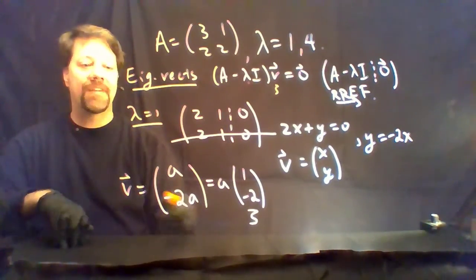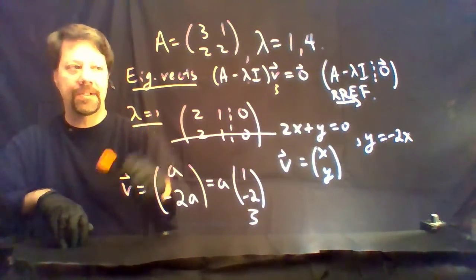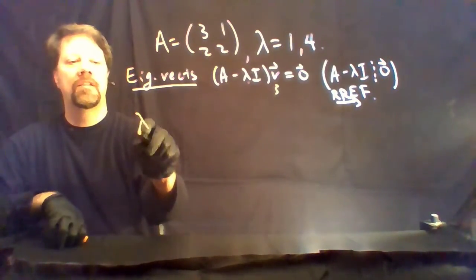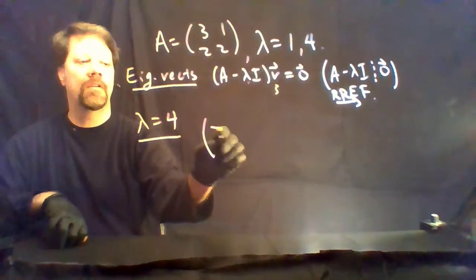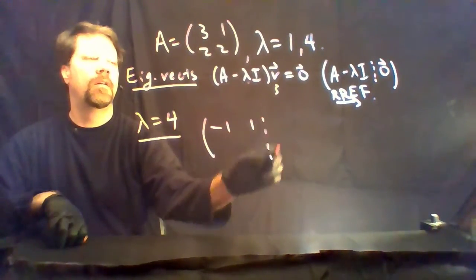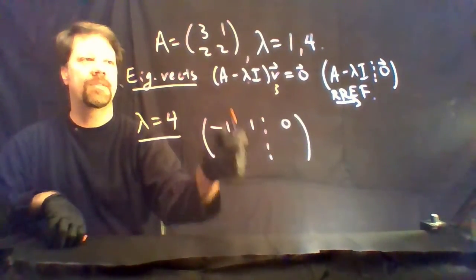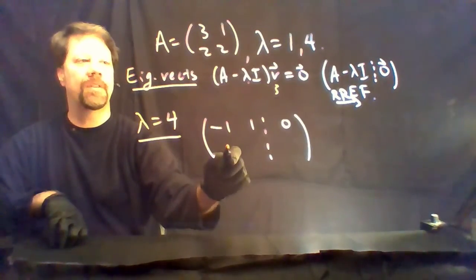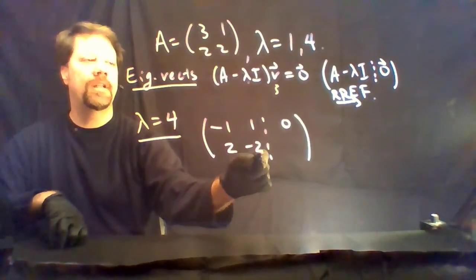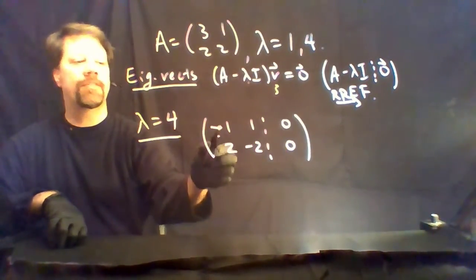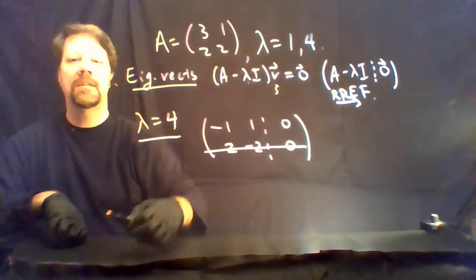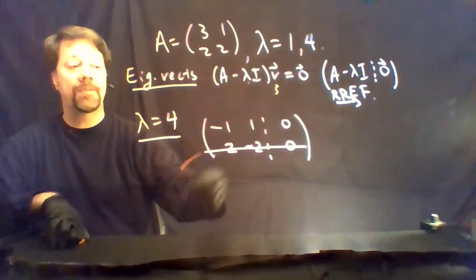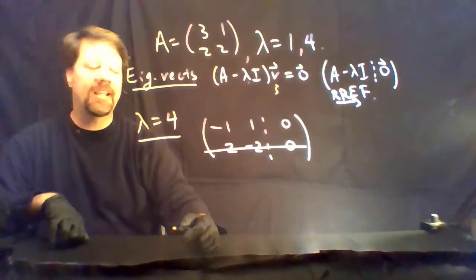We now need to find the eigenvectors corresponding to lambda equals 4. For lambda equals 4, we'll subtract 4 from the diagonal elements. If we subtract 4 in the next row, it's going to be 2, negative 2, 0. Notice if I multiply the first row by 2 and add to the second row, I get 0 all the way across, which means I really didn't need to write that second row anyway.